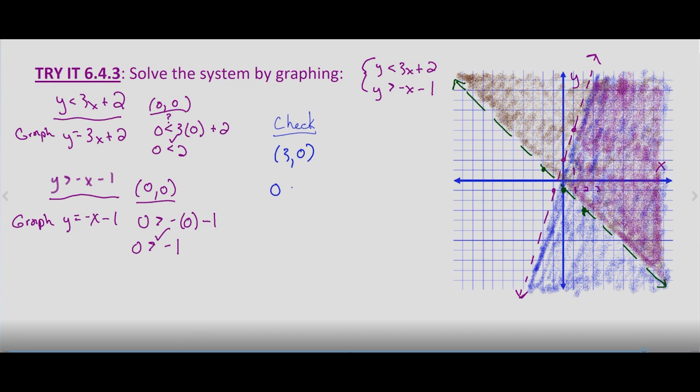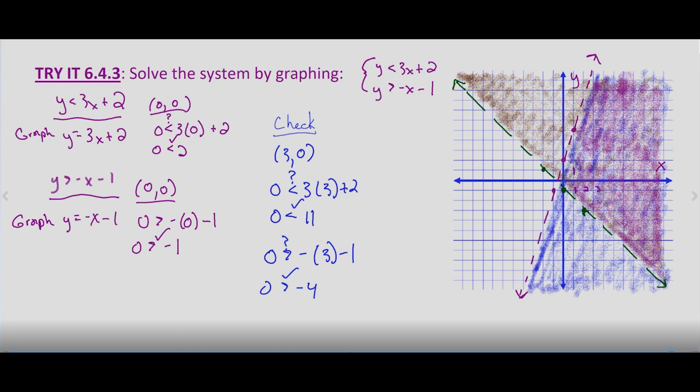So 0 less than 3 times 3 plus 2. 0 is less than 11, so it checks in our first inequality. And in our second inequality, 0 greater than negative 3 minus 1, so is 0 greater than negative 4? And it is, so it checks in both of our inequalities.